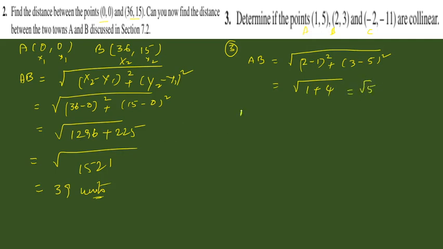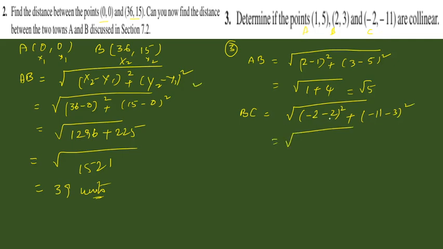Now what about B and C, the BC distance? Here you see only the x coordinate. I take (minus 2 minus 2) whole square. Listen carefully, minus 2 then minus 2 whole square. Then y is having minus 11 and minus 3 whole square. Directly by looking you can write. I'm using only this formula, nothing new.